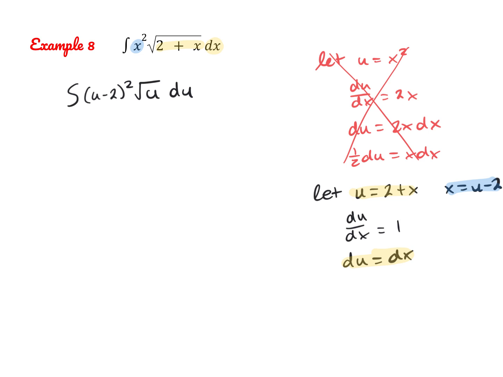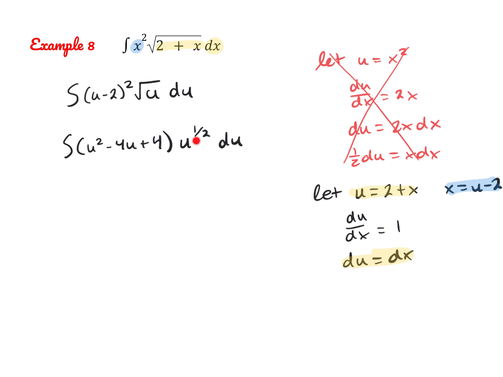Now, to help us evaluate this integral, it's actually going to be easier for us to expand this out and try to distribute in the square root of u, because right now it's a product of 2 and it makes it a little bit trickier. So let's first expand out our binomial. So we have u squared minus 4u plus 4, times u to the 1/2 du.